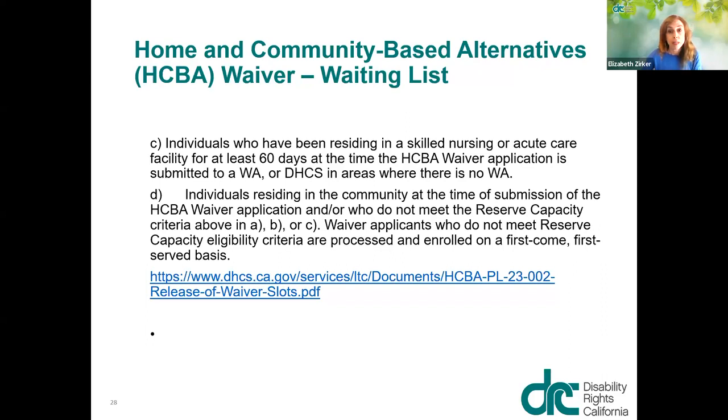We really recommend, particularly if you have a child who is aging out of EPSDT, that you apply for the HCBA waiver if you have not done so already or are not on the waiver or one of the two DD waivers. This is because once your child is an adult, if they need nursing, they will not be able to access nursing through regular state plan Medi-Cal because that is not covered for adults in the community.